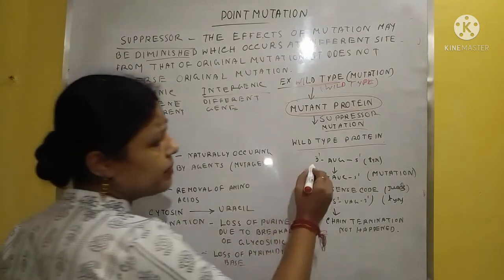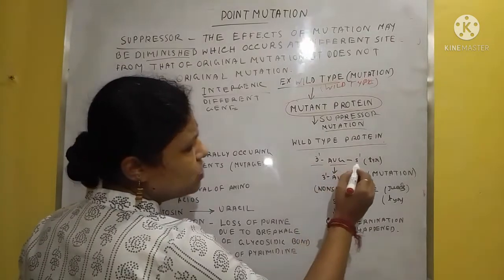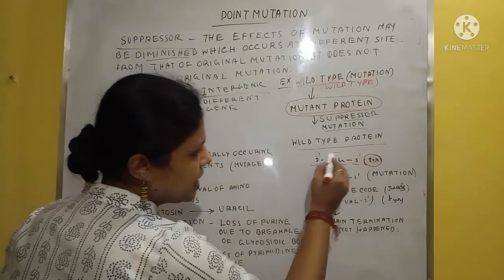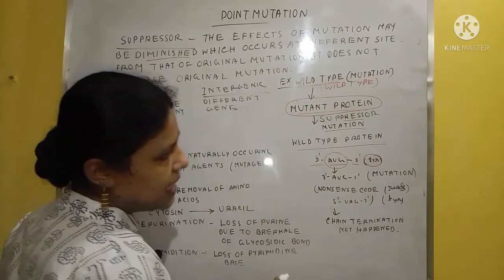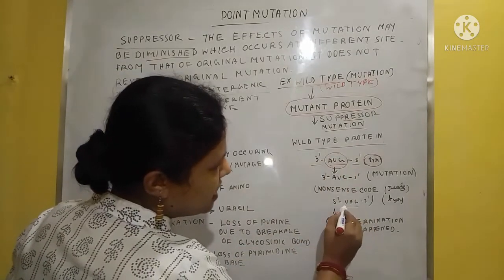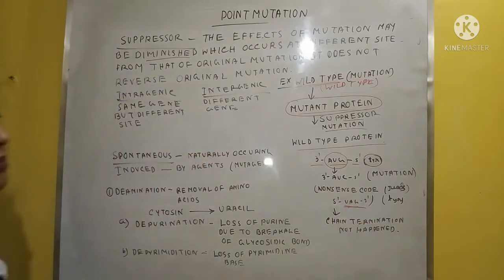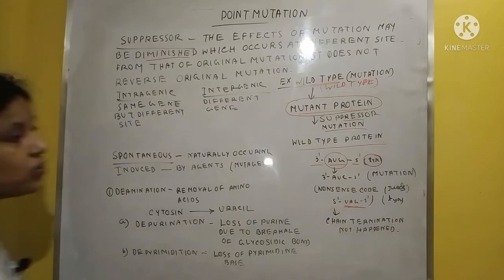Suppose this is the example: 3' AUG 5', that is for tyrosine recognition. Its complementary base pair must be UAG 5', 3'. And here the mutation is occurring, and after the mutation, the codon that will form during the protein synthesis obviously recognizes tyrosine again.